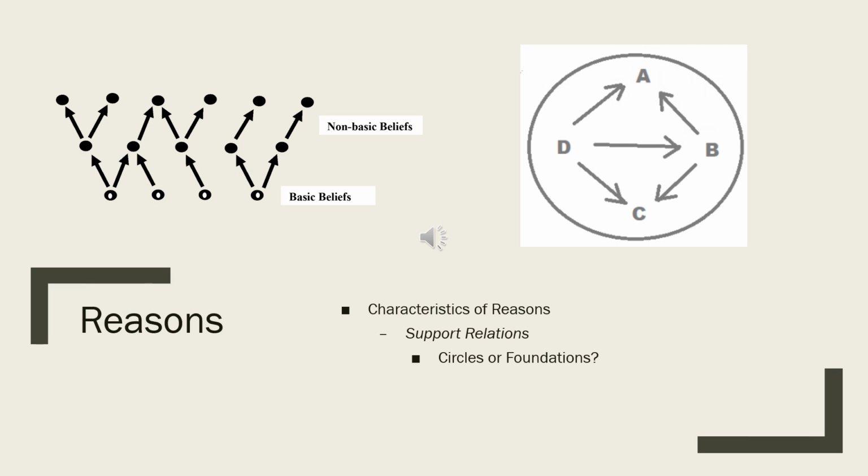One is a circular picture, and the other is a picture where foundations occur. Circular pictures are usually what are called coherence-based pictures, where the thought is that you have different beliefs, and those beliefs cohere with one another, and so you end up with mutual support for your beliefs on the basis of the fact that those beliefs don't conflict or contradict one another.